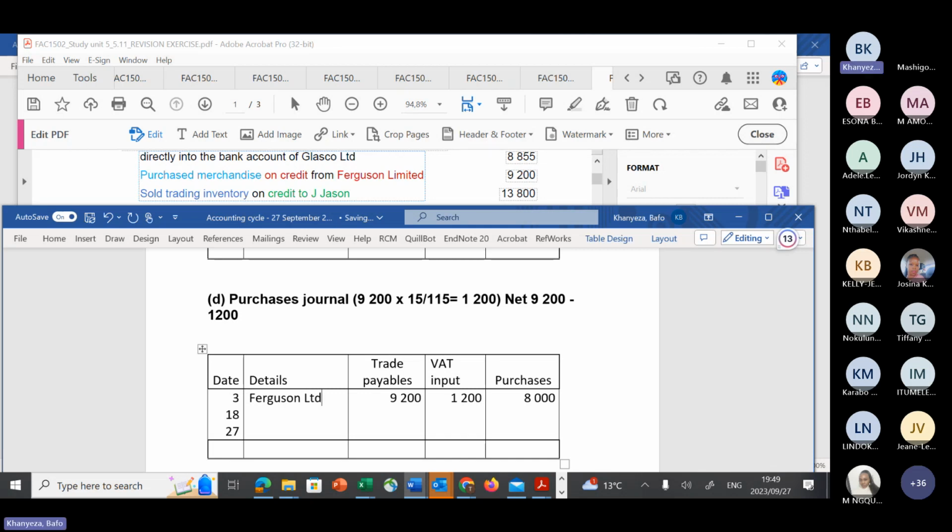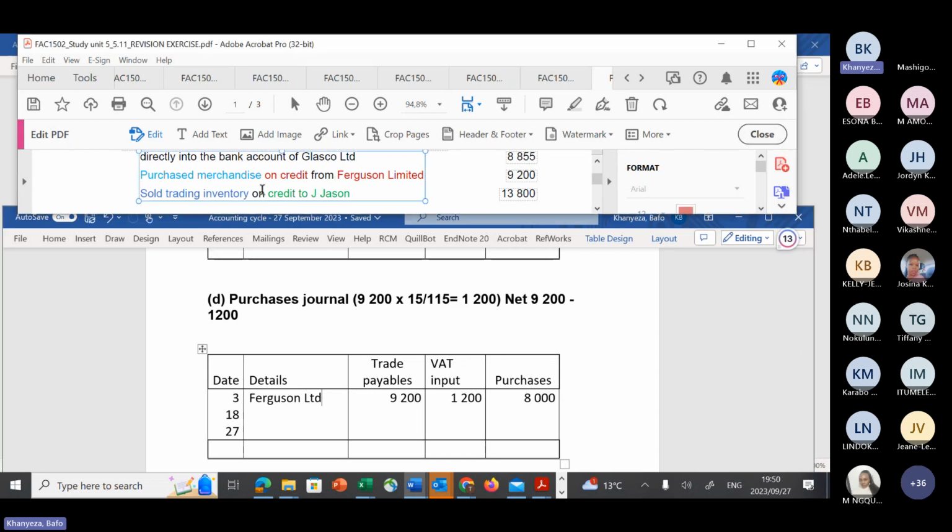This Ferguson Limited, yeah, it's 9,000. Okay, now we are on the same day, the 3rd. This is where we are at now. We're on top. See, this is where we are. Sold trading inventory on credit to Jason, which is 13,800.